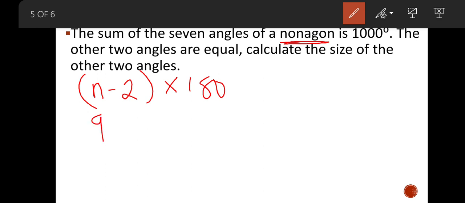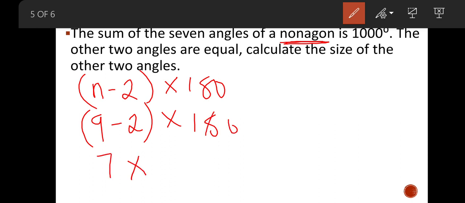So that's 9 minus 2, which is 7, times 180.